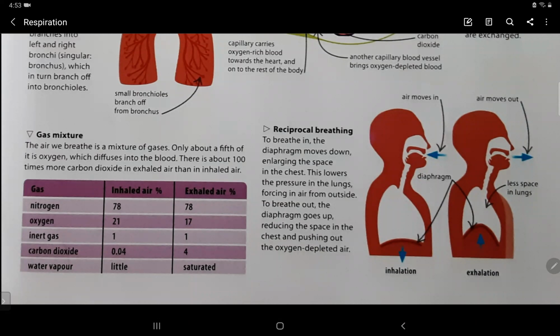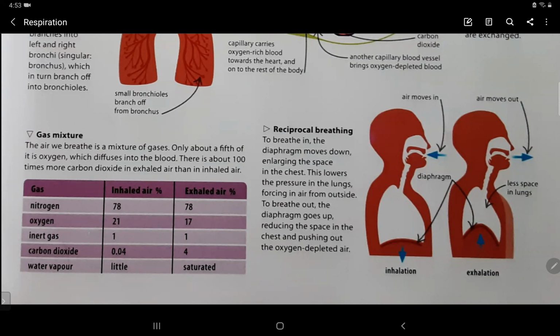So let's see here the gases, the inhaled air percentage and the exhaled air percentage. Nitrogen, inhaled air percentage is 78 and it is the same with the exhaled air percentage. Oxygen is 21% inhaled and 17% exhaled.